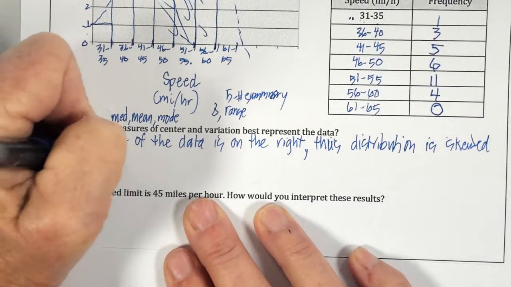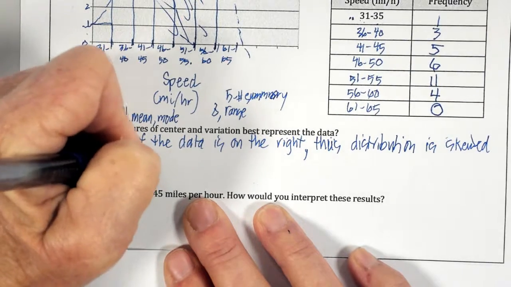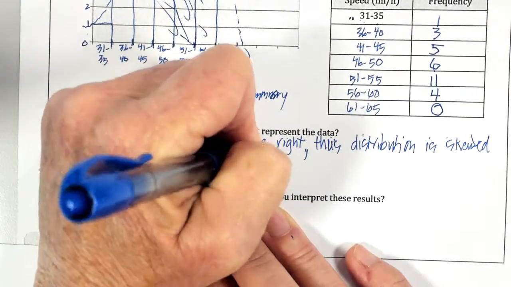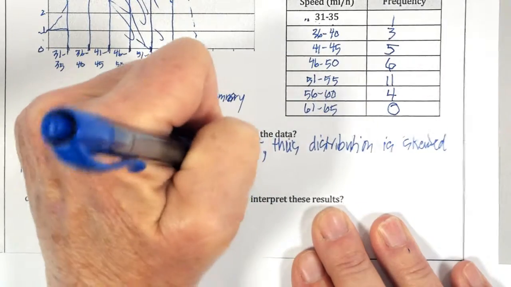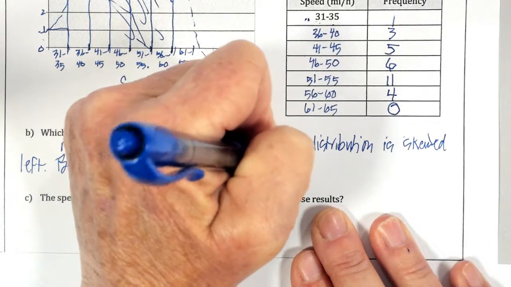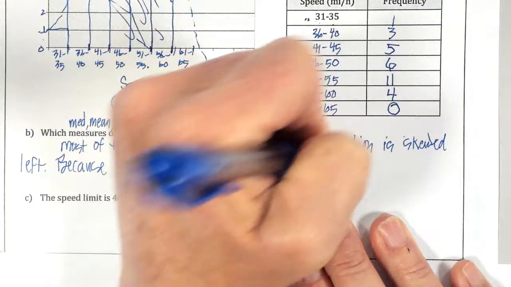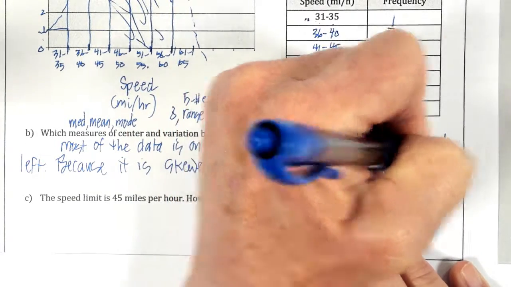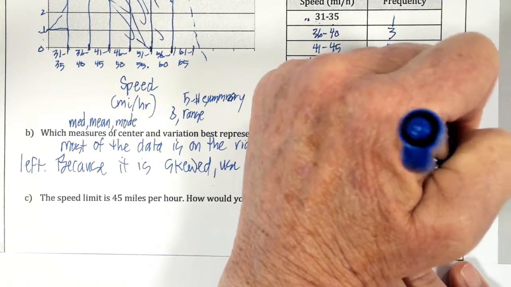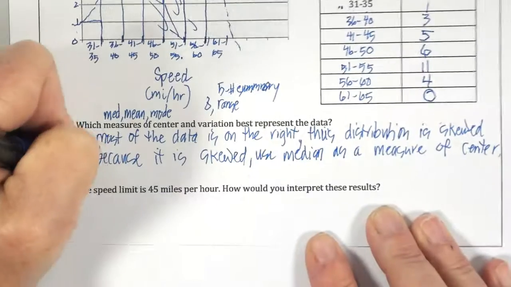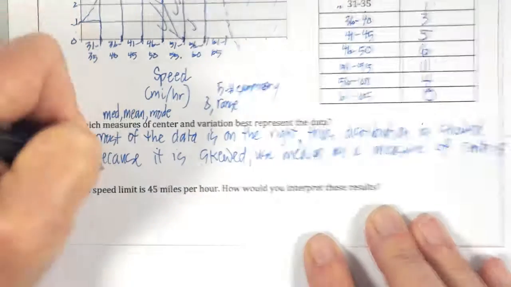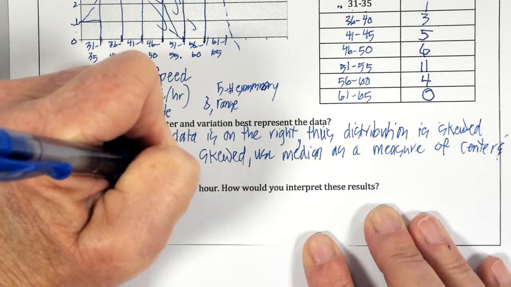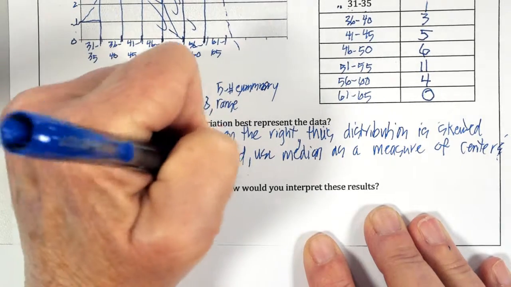Because it is skewed, you are to use the median as a measure of center, and the 5-number summary to describe variation.